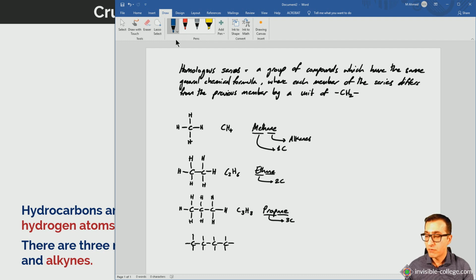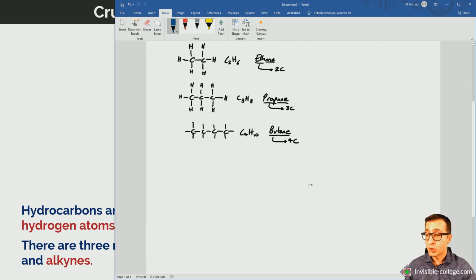But so we see here we have 4 carbons, and in this case we have 10 hydrogens. So this would be the molecular formula, and this is butane. Again, we have ane, which means it's an alkane, and we have the prefix but, which in organic chemistry means we have 4 carbons. Now there are other members of this homologous series.